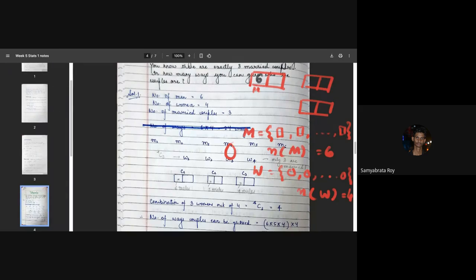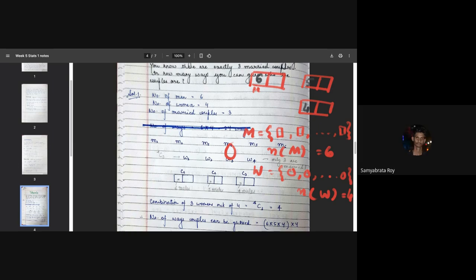Now, one man cannot be married to multiple women, right? So I have 5 choices in this section, and I have 4 choices in this section, right? Yes, sir.